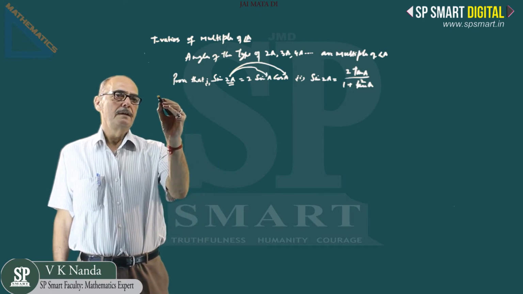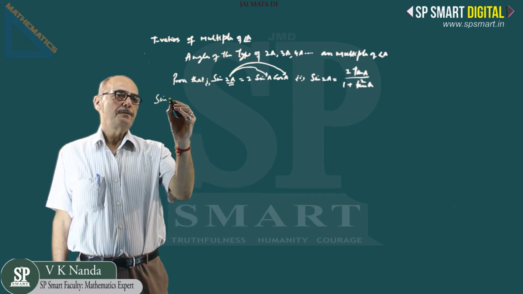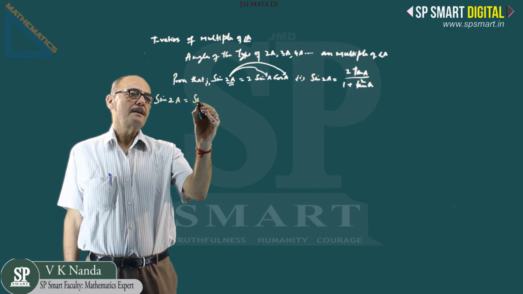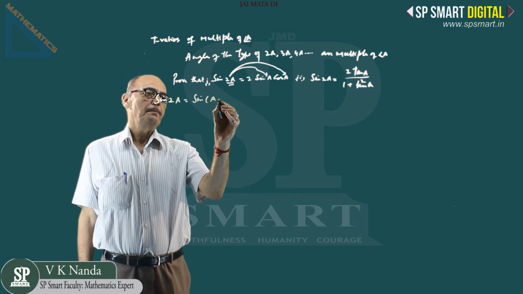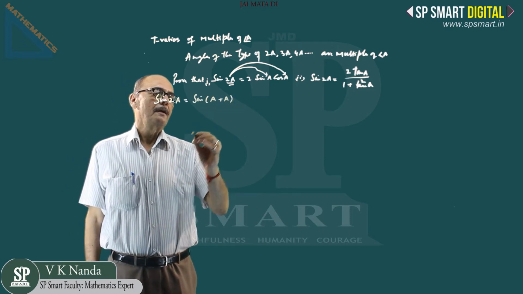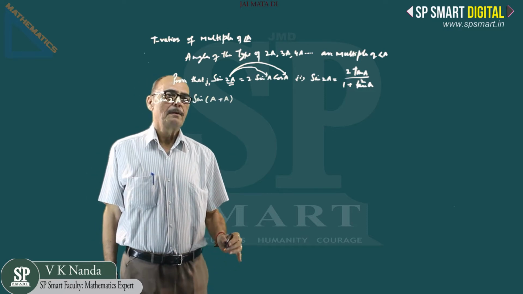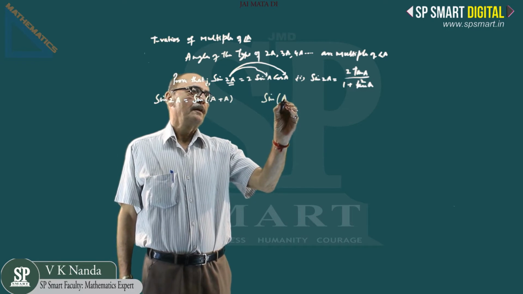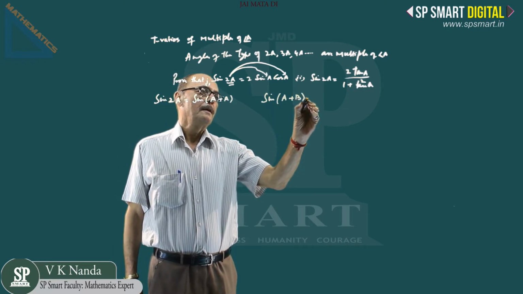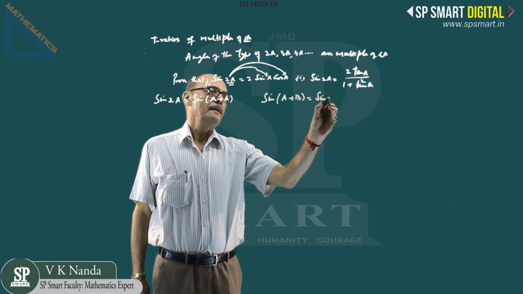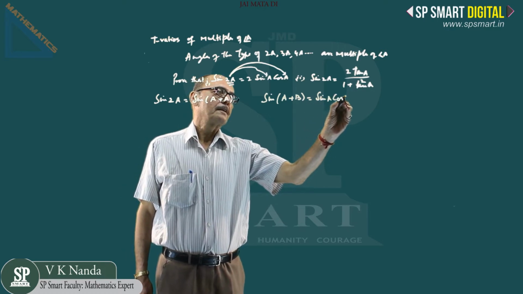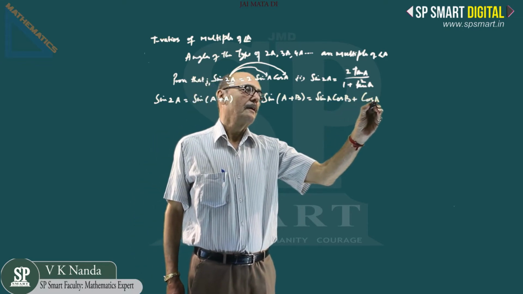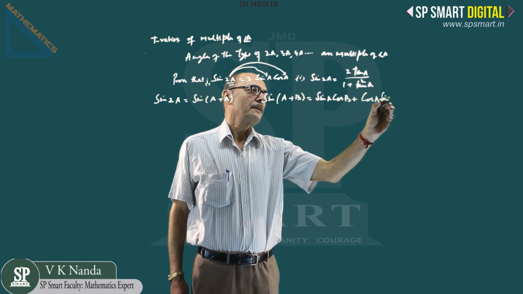We have sin of 2A, this can be written as sin of A plus A. So, we make use of the formula which we are already familiar with, sin of A plus B: sin of the first angle cos of the second angle plus cos of the first angle sin of the second angle.